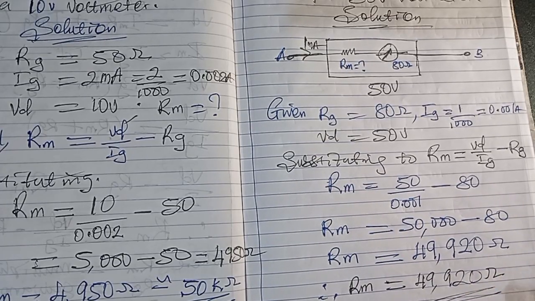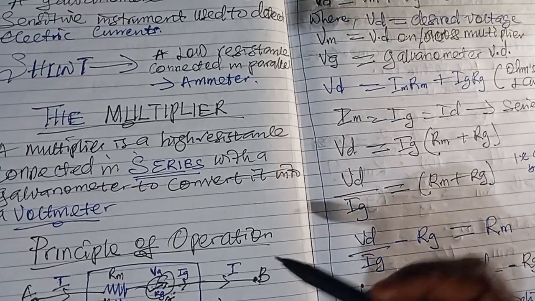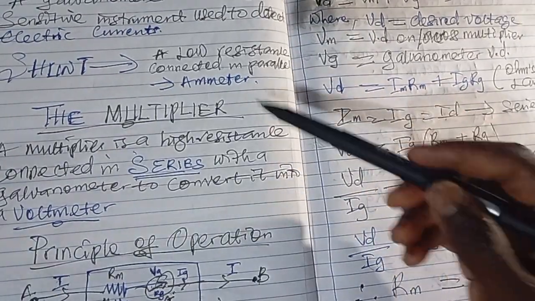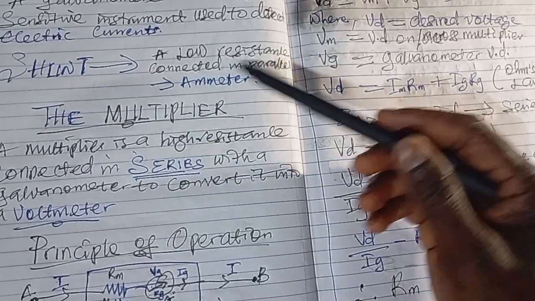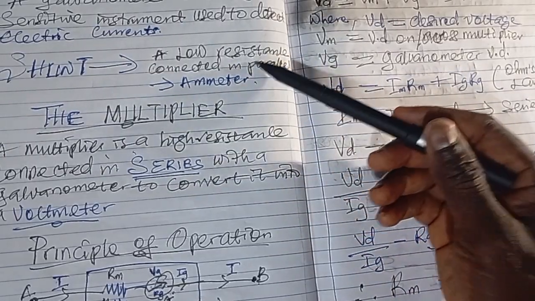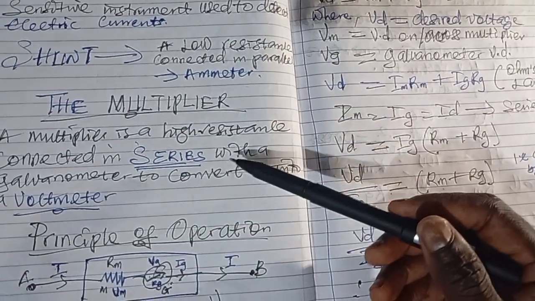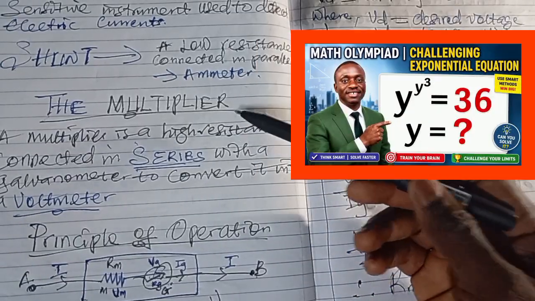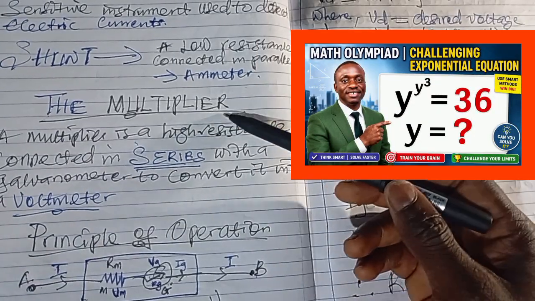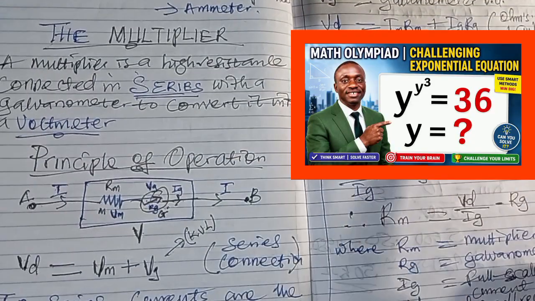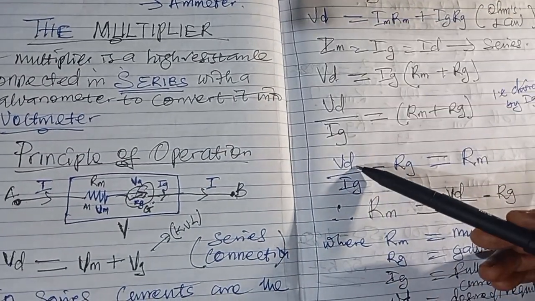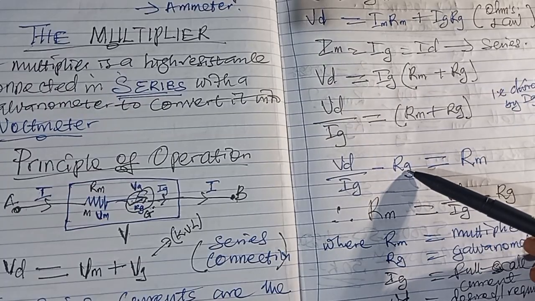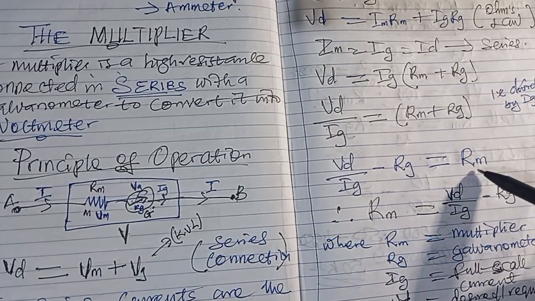Okay, quick recap. We said to convert a galvanometer to an ammeter, you connect a parallel low resistance known as shunt. But for a voltmeter, you connect a series high resistance known as multiplier. So you will use this formula: Vd divided by Ig minus Rg. This is our Rm.